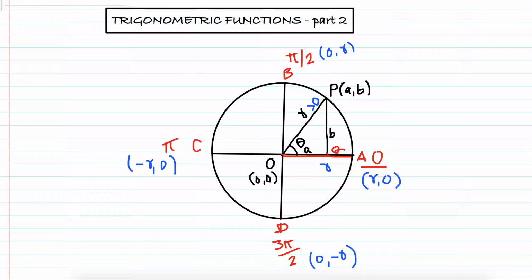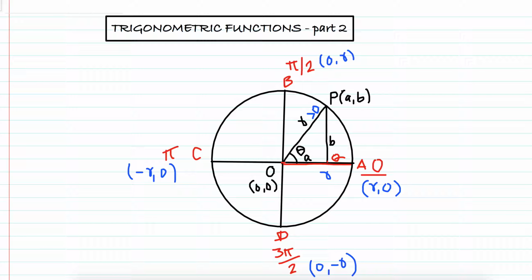Our two main trigonometric functions are sine and cosine, and the rest are derived from them. So we will define what sine and cosine functions are.